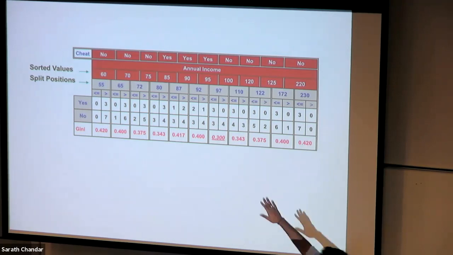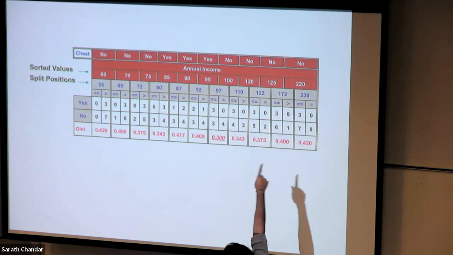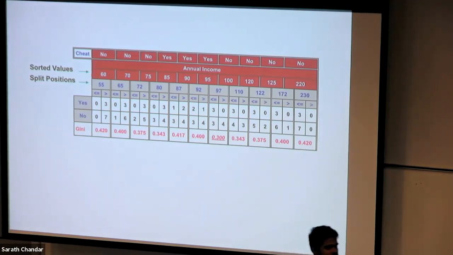In this case, I'm sorting them. These are the examples I have: 60, 70, 75, 85, and so on. Now I can pick a splitting criterion in between two examples. For example, my first example is 60, so I can have one split below 60, anything you want, let's say 55.